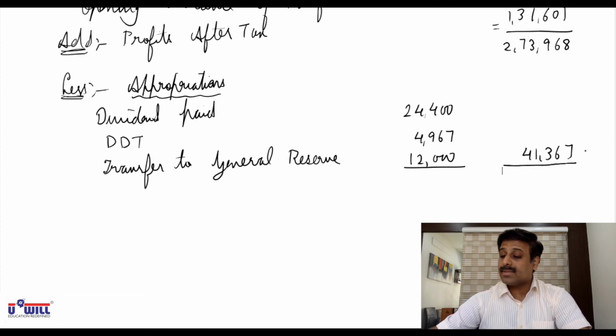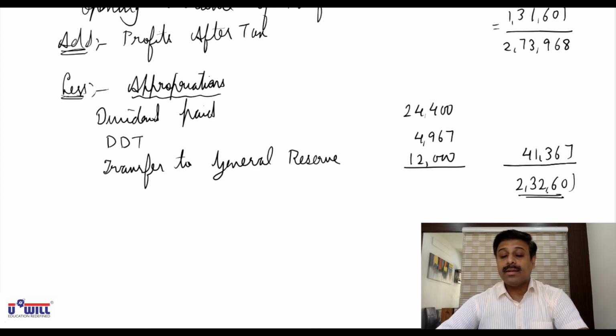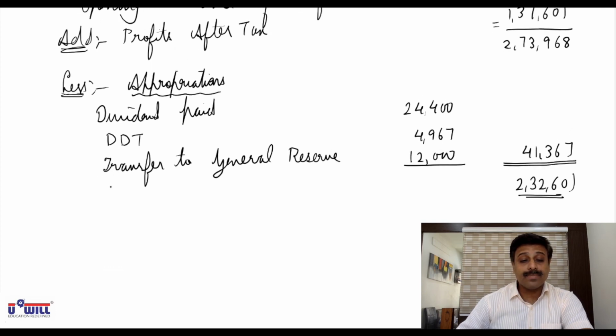If you subtract this from 2,73,968, we get 232,601, balance carried forward to balance sheet.